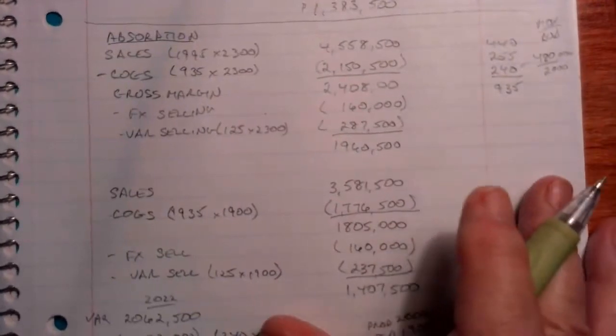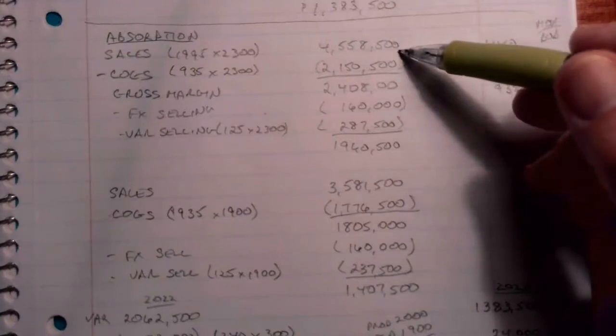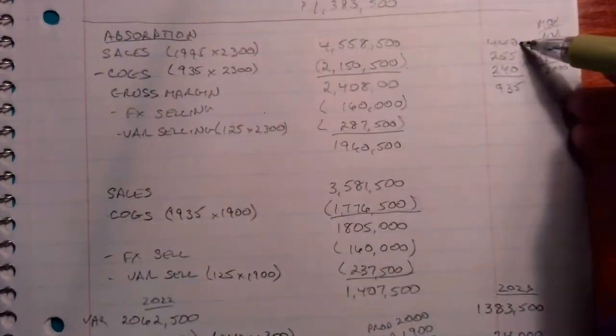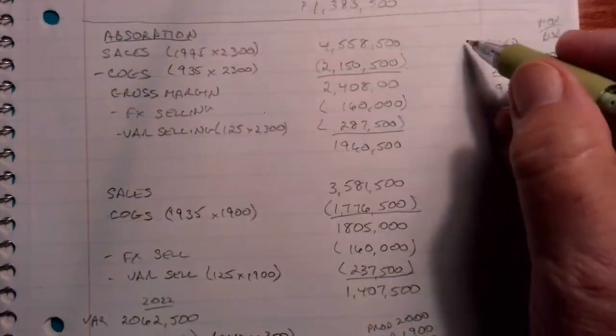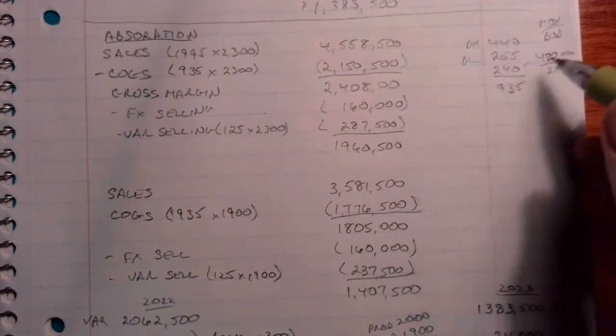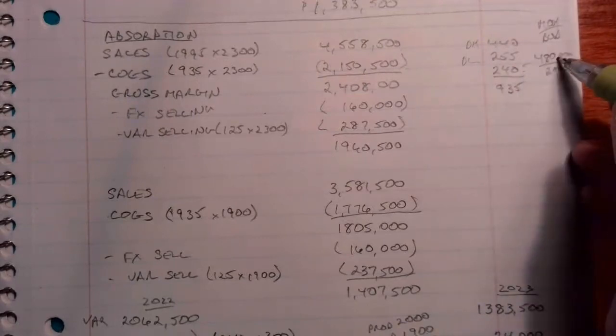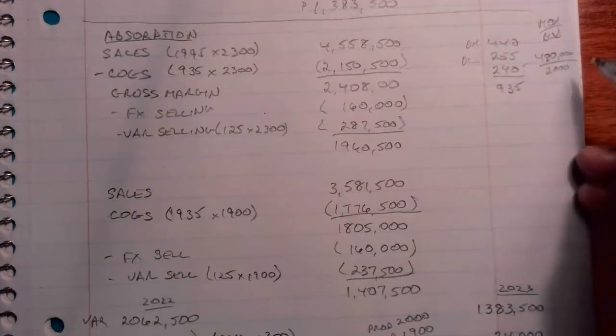Now, absorption costing, you've got to switch gears here. Our sales are the same, but cost of goods sold is going to be, our direct material cost is $440, and direct labor is $255, and then overhead will be the fixed overhead rate of $480,000 divided by budgeted production of 2,000 units.